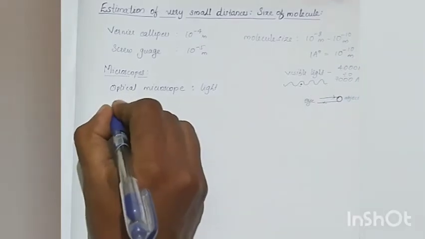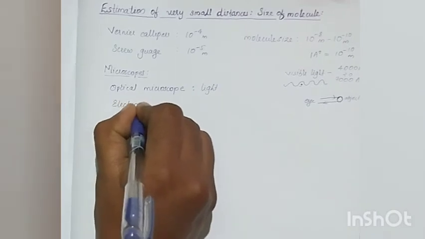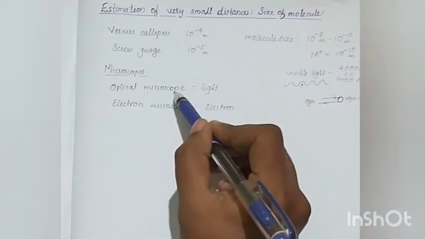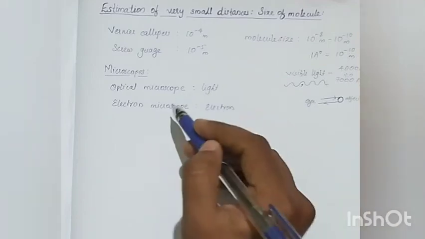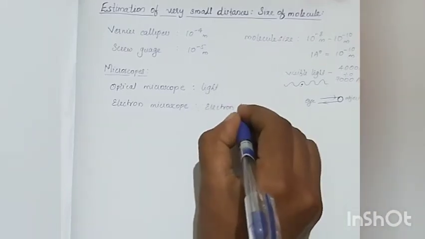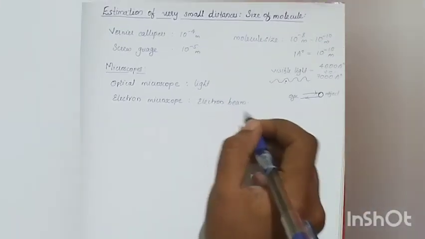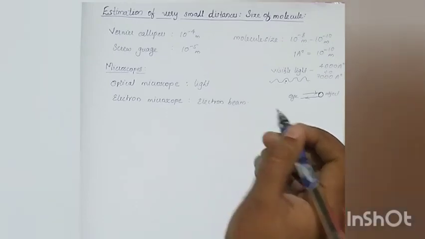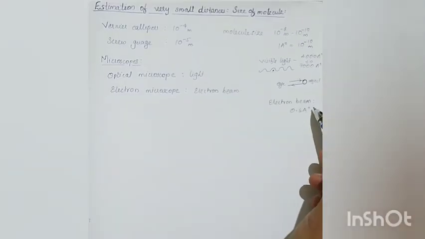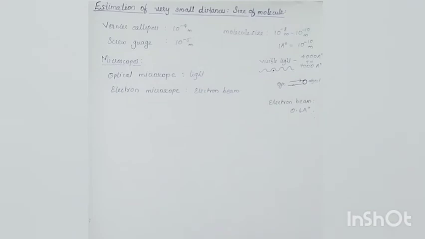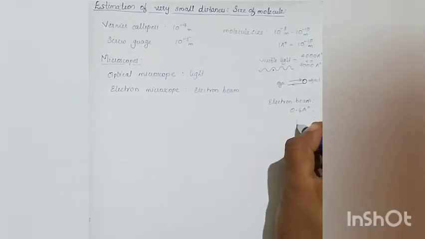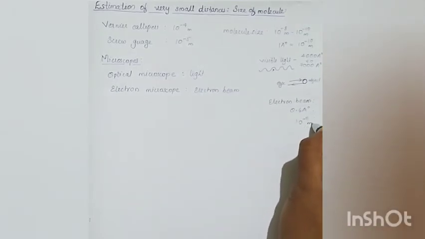Now coming to the electron microscope. Like the optical microscope uses visible light, the electron microscope uses an electron beam, and the electron beam also travels like a wave. The wavelength of an electron beam is 0.6 Angstrom, which is of the order of 10 raised to minus 11 meter.